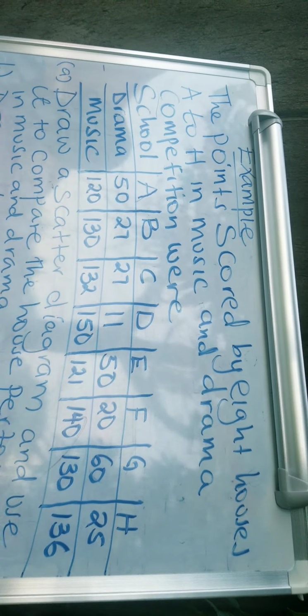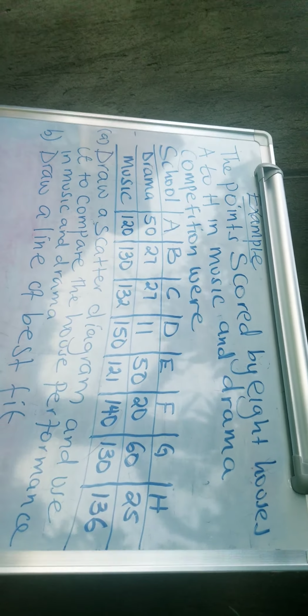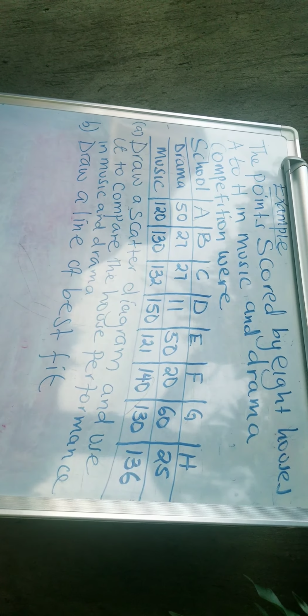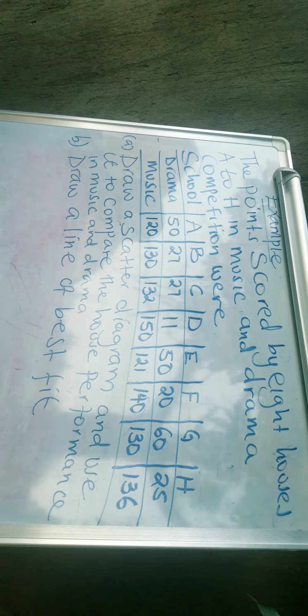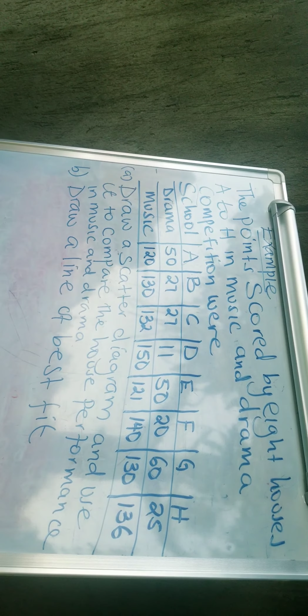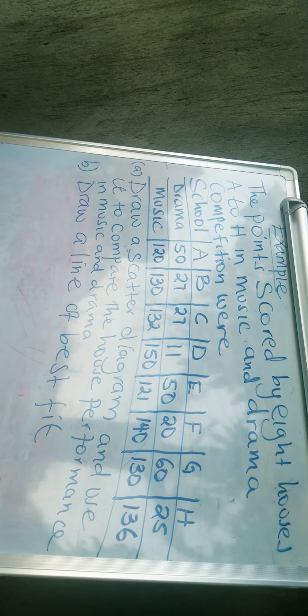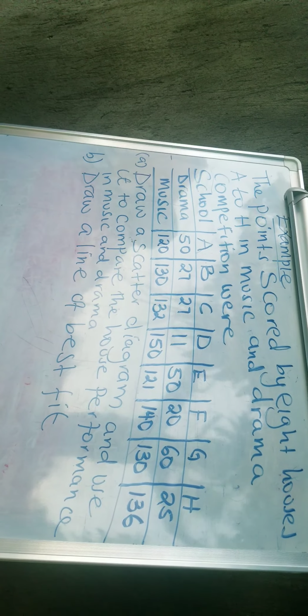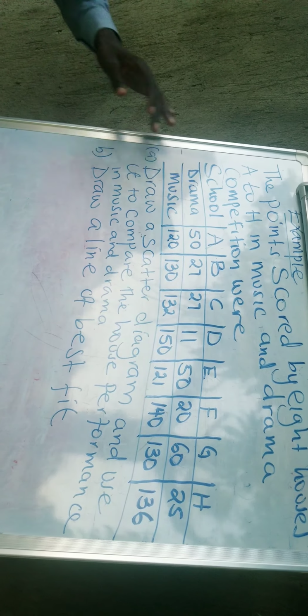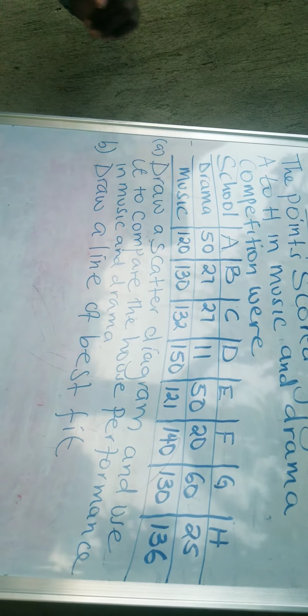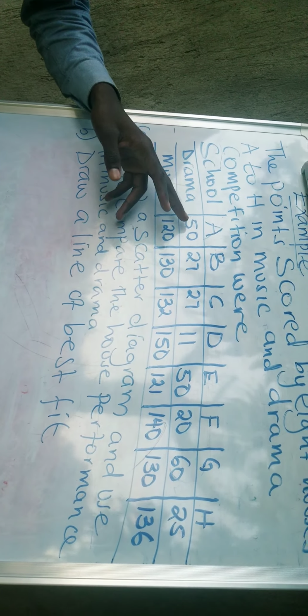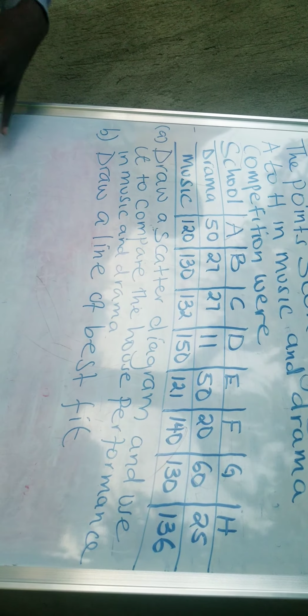Okay members, now we cross on to the example. We want to draw a scatter diagram, and in our example they are telling us the points scored by 8 houses, A to H, in a music and drama competition, where we have the school, drama, and then music. School A scored 50 in drama, then 120 in music.